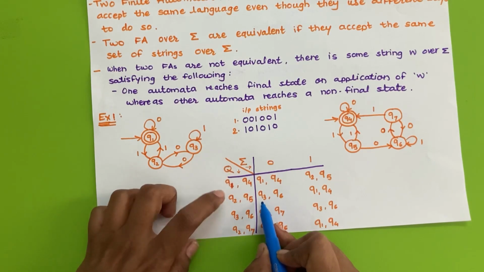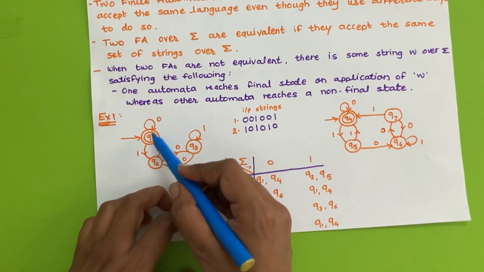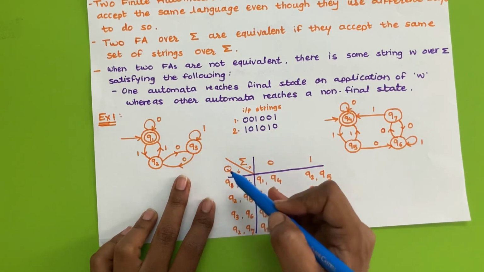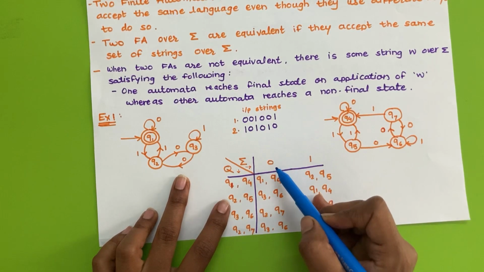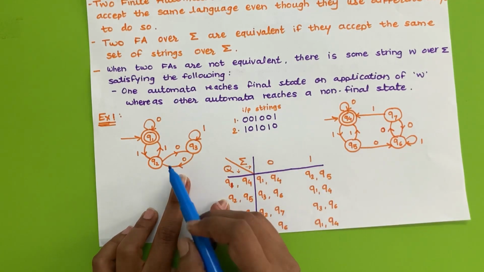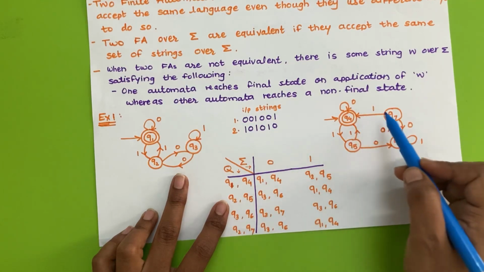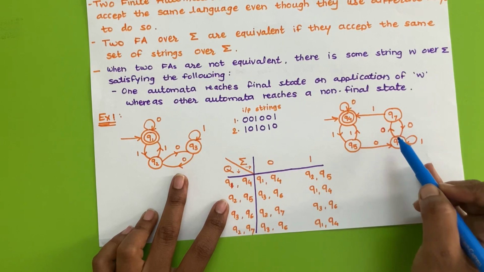Means what? If after reading one symbol, in case of this finite automata, the state reaches a final state, then the same condition will happen here. After reading the same symbol, it will again reach the final state. And if it reaches a non-final state, then the same situation will occur here, that it will go to a non-final state.